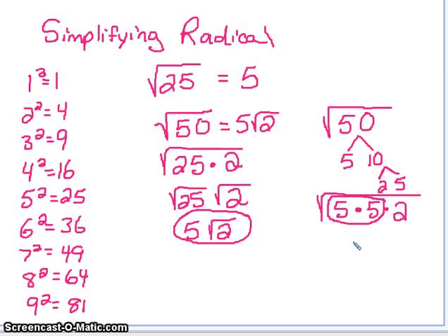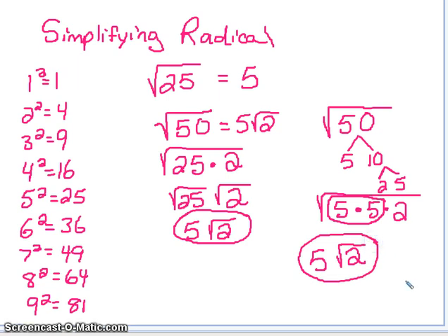In order to take the square root, you have to have two of the same numbers. So if you take the square root of 5 times 5, it's just going to be 5. And you only have one 2, so you have to leave the square root of 2. You can't bring that 2 out from under the radical because there's only one of them. Hopefully one of these ways will make sense to you.